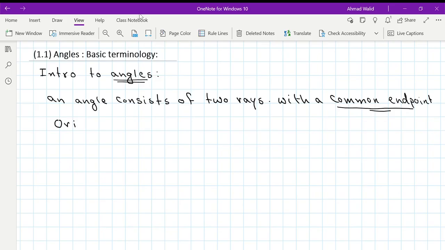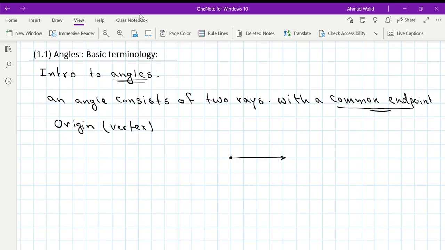Different people use different words. You can call it origin, or in the best language after this, we call it vertex. Two rays. What is a ray? A ray is basically a vector, a line with a starting point that continues on one side.